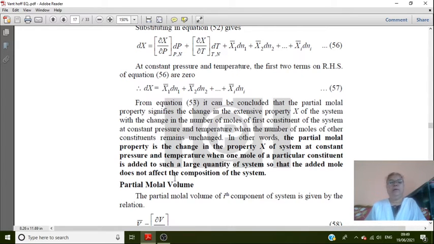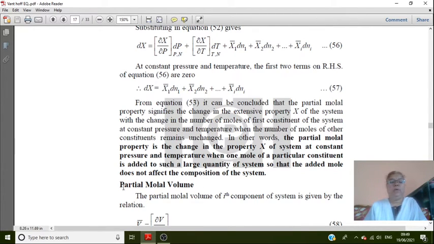I repeat, the partial molar property is the change in property X of the system at constant pressure and temperature when 1 mole of a particular constituent is added to such a large quantity of the system that the added mole does not affect the composition of the system.